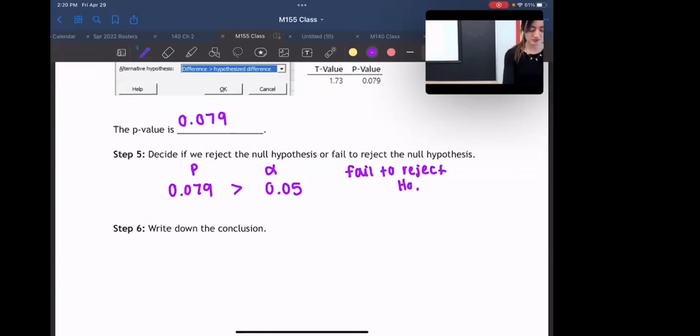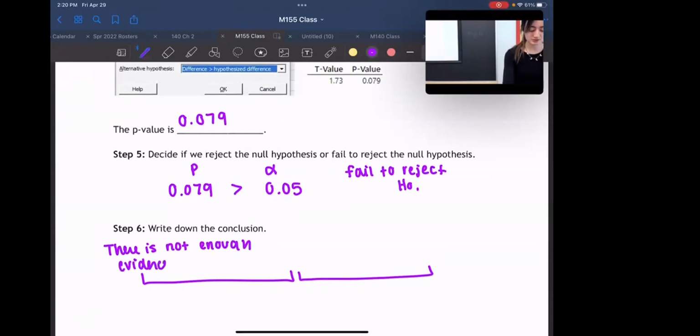the null hypothesis. And our conclusion consists of two parts, right? The first part of the sentence is going to say either we conclude or not enough evidence. Which one is it? Not enough evidence, good. There is not enough evidence to conclude that, okay?